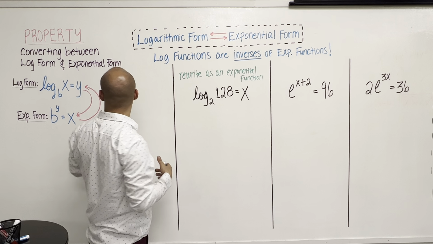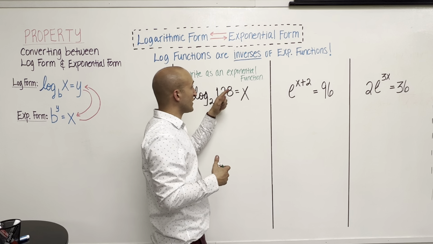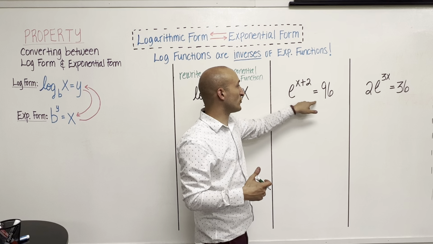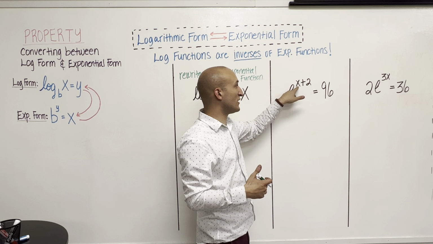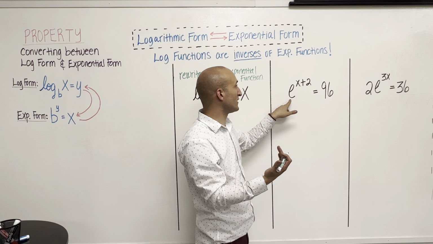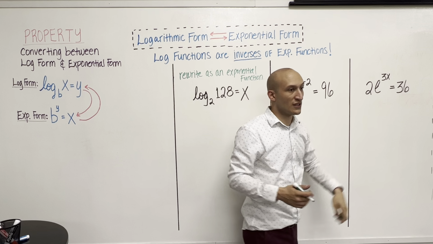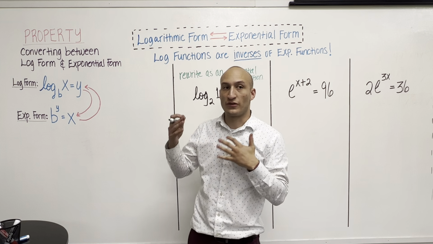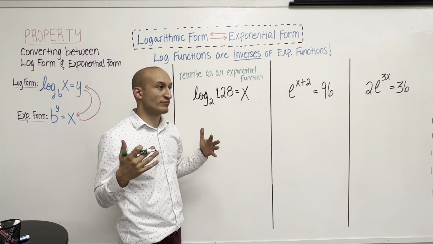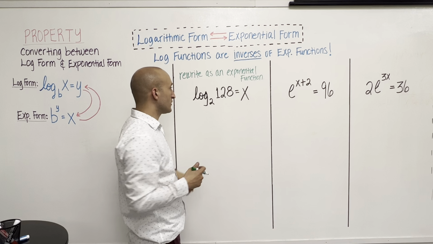They use form a lot. This is logarithmic, so I'm going to try to change it into exponential form. This one is an exponential function because I have a variable as an exponent and there's no log, so I'm going to convert this one to log form. Same here: exponential, so I'm going to convert it to log form. Being able to convert is going to help us once we start solving more advanced logarithmic and exponential functions.